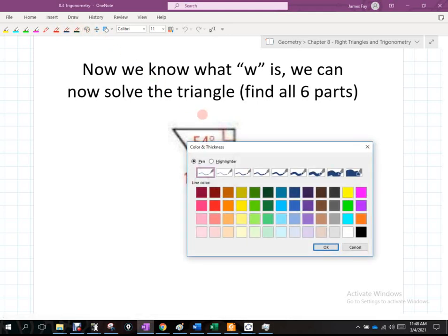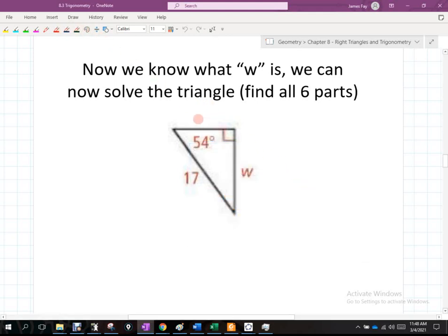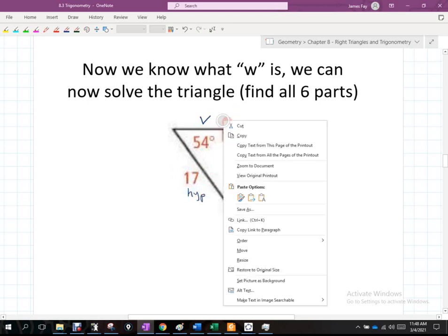Right now I'm going to label this side V. In a question like this, we might be asked to solve for V and solve for W. Looking at the 54 degrees, W is the opposite side, 17 is the hypotenuse, and V is the adjacent side.